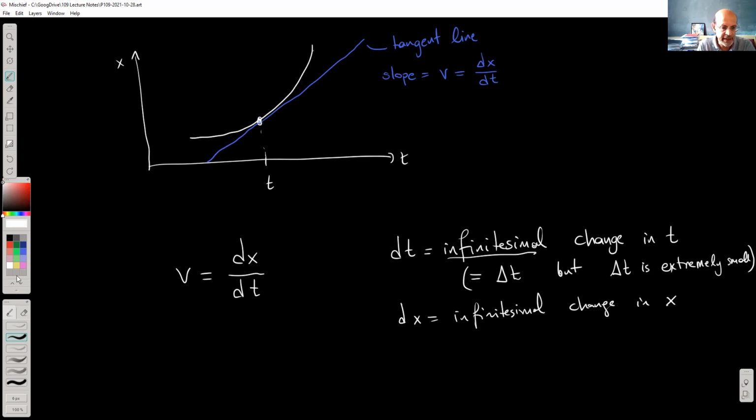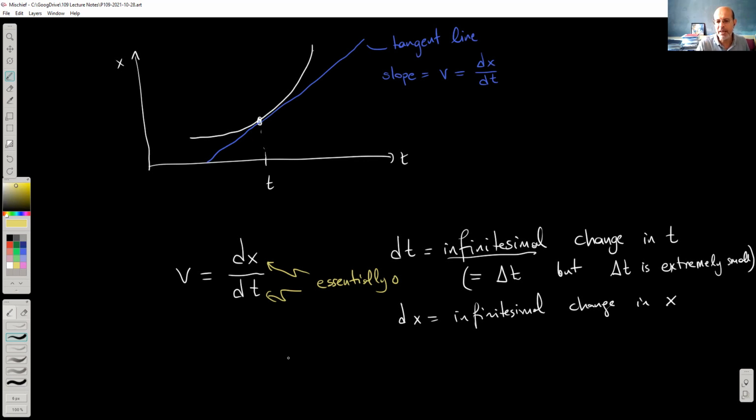This delta t in here and this delta x in here are essentially zero, but not exactly zero. If they are not exactly zero, then I can take their ratio. And if they are very close to zero, then that ratio is going to give me the instantaneous velocity.